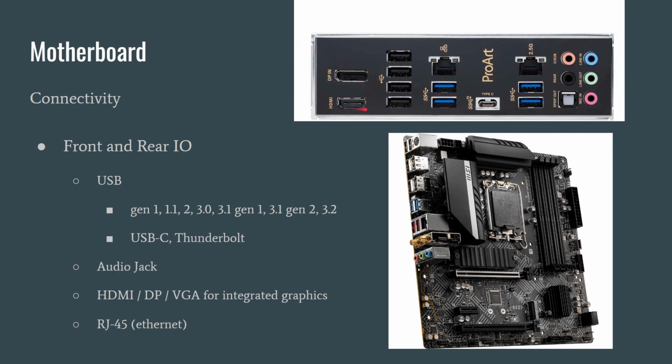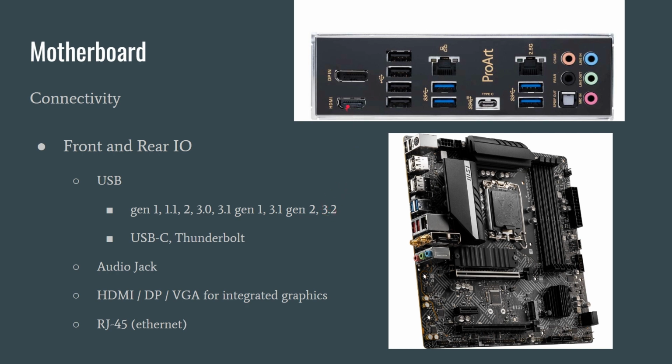Typically for I/O, you'll have all your USB types. That's Gen 1, 1.2, going all the way up to Gen 3.2. There's tons of different differentiations for USB types. Usually you can just tell, the higher the generation and the more numbers it has, the better it is. But unless you really know, like you're doing USB stuff, you're probably fine with Gen 2 or 1.